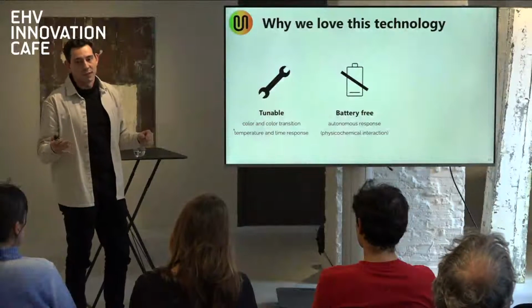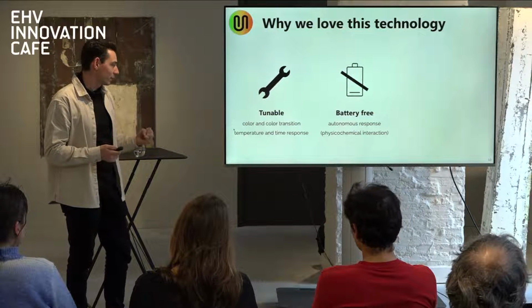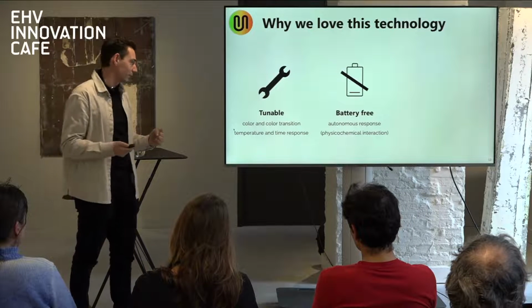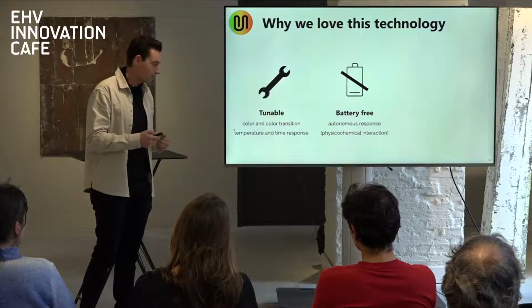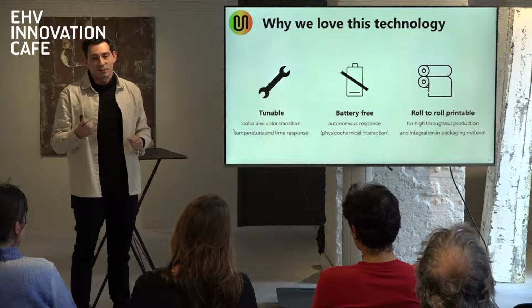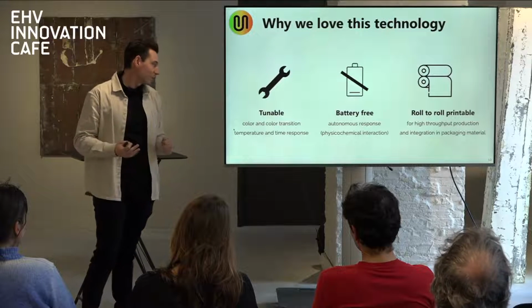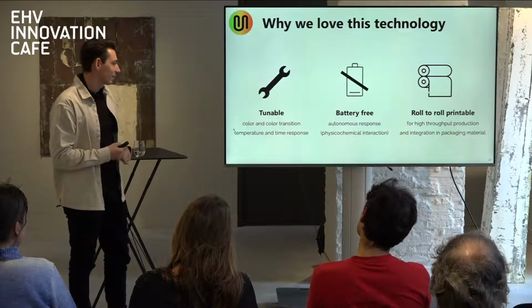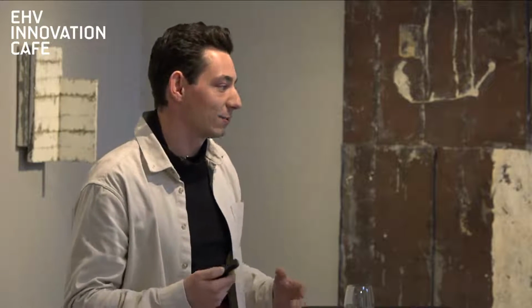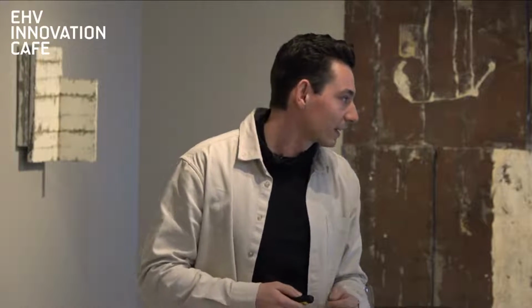It's, of course, totally battery-free. It's inherently in the material because it's based on a physico-chemical interaction that we can program. And it's printable, so we can do high-throughput production, driving down the cost. And also we can print on plastics, so it's easy to integrate in packaging materials.